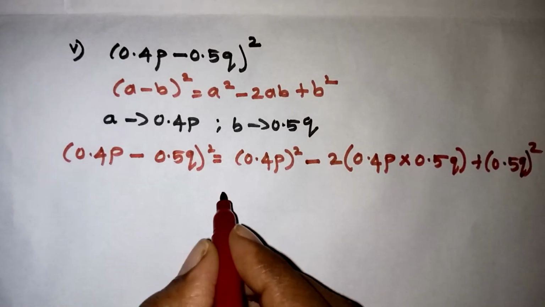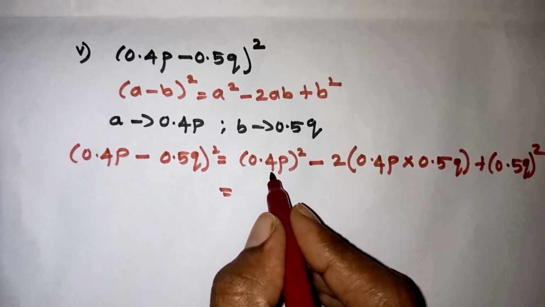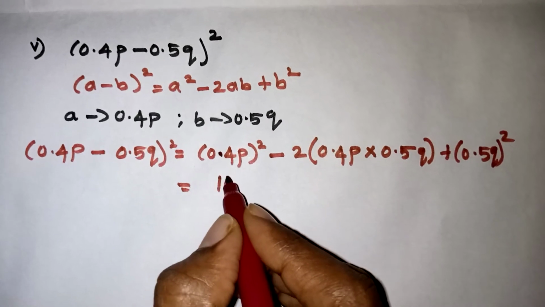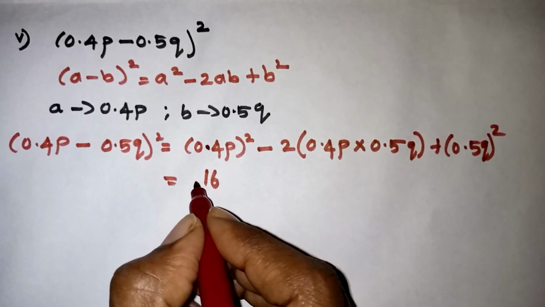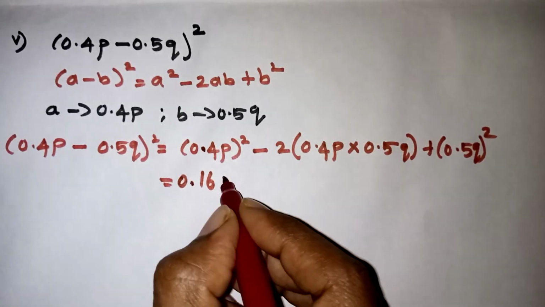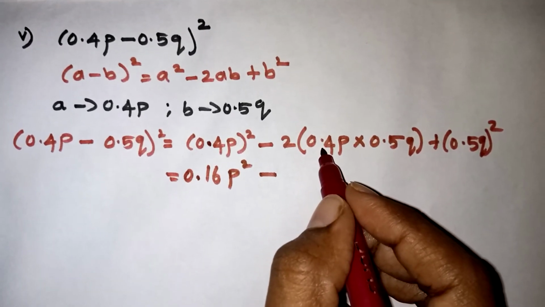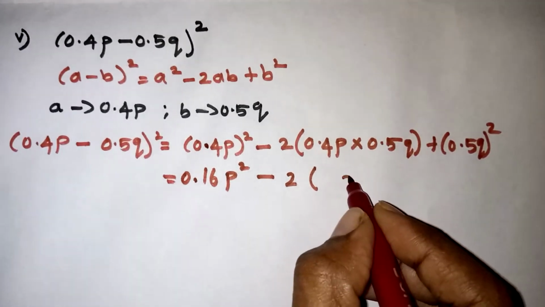That's it. Now 0.4 the whole square means, children, you just do 4 4s are 16. Now 0.4 into 0.4, so after 2 places you should keep the dot. So 0.16, and p while squaring will become p squared. Minus 0.4 into 0.5. First let us multiply these two. 4 5s are 20.